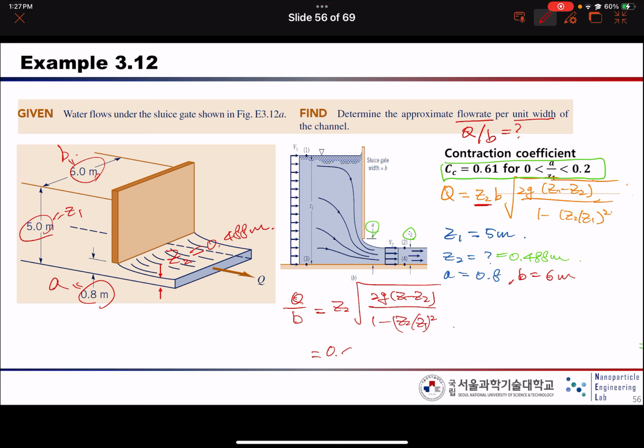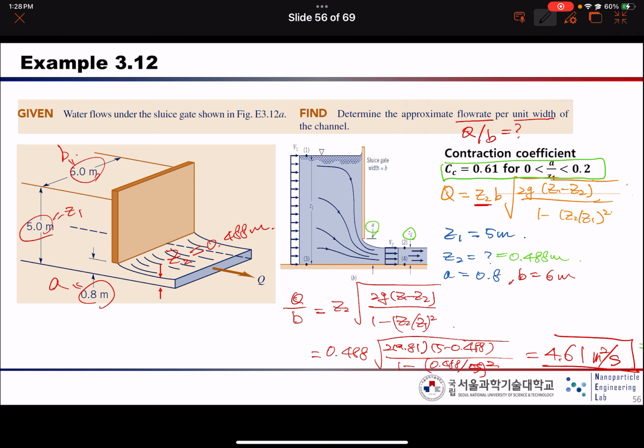Z2 is 0.488, g is 9.81, Z1 minus Z2 is 5 minus 0.488, right? And divided by 1 minus 0.488 over 5 squared. So this answer will be 4.61 meter squared per sec. So this is the flow rate per unit width. Okay.